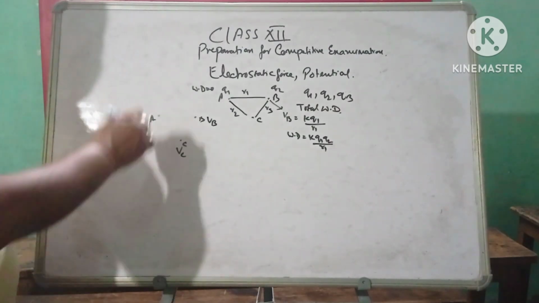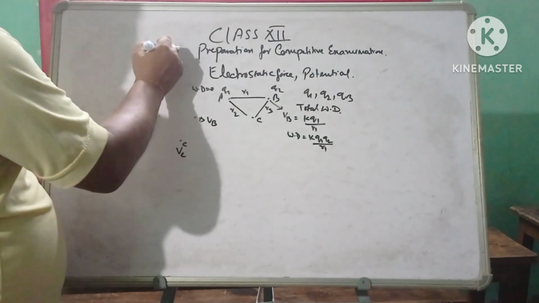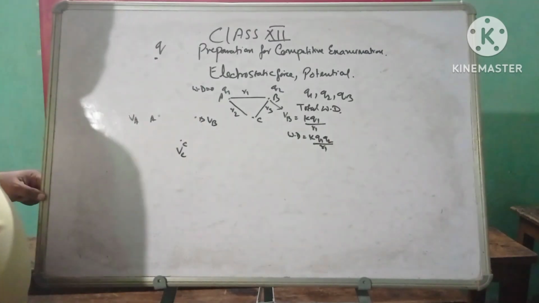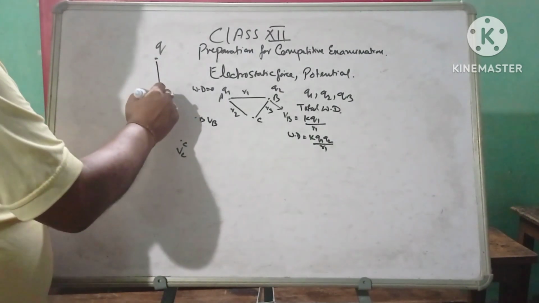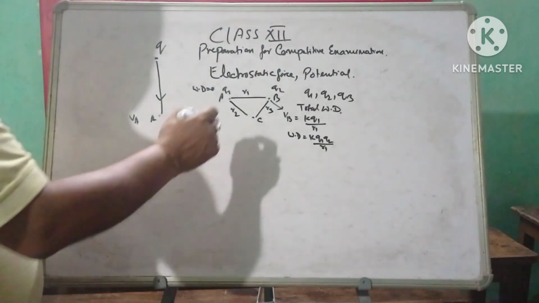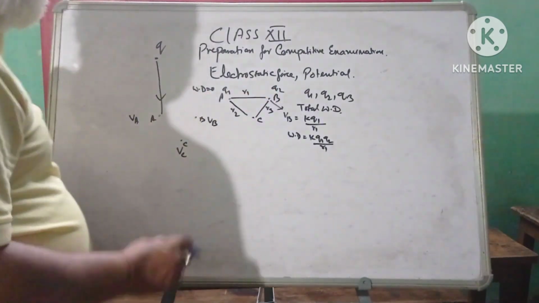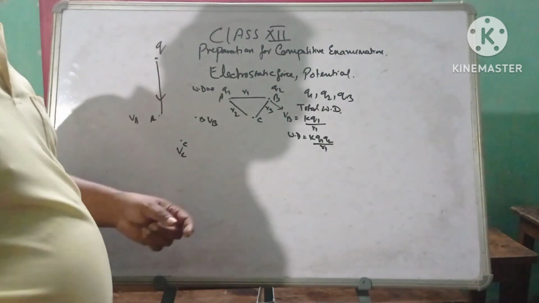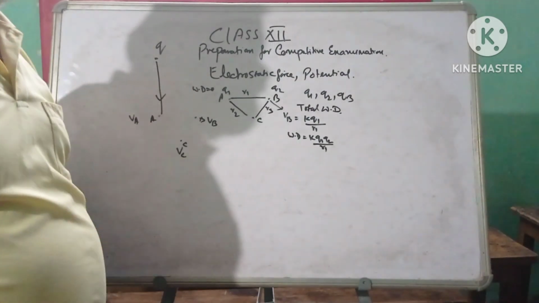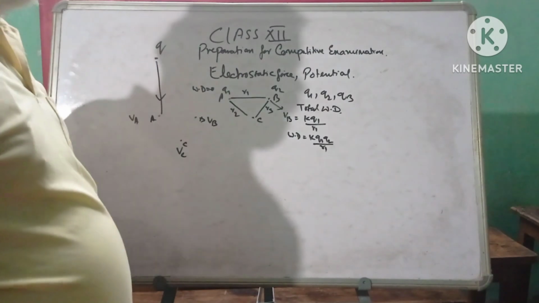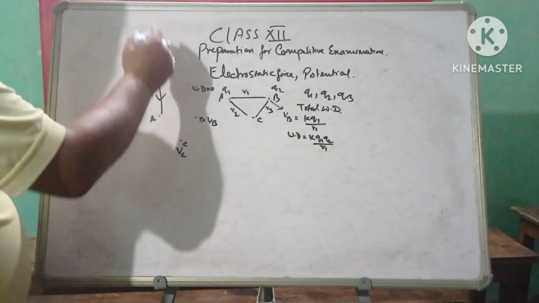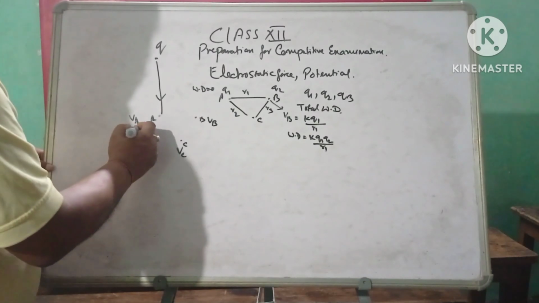Now, if we have to bring a charge Q from here to here, what will be your work done? I have already told you that when I brought this charge Q2, from where I brought it is not explained in your textbook. That means that point is not considered while calculating work done. Only the potential here, this is VA, so the work done will be QVA.